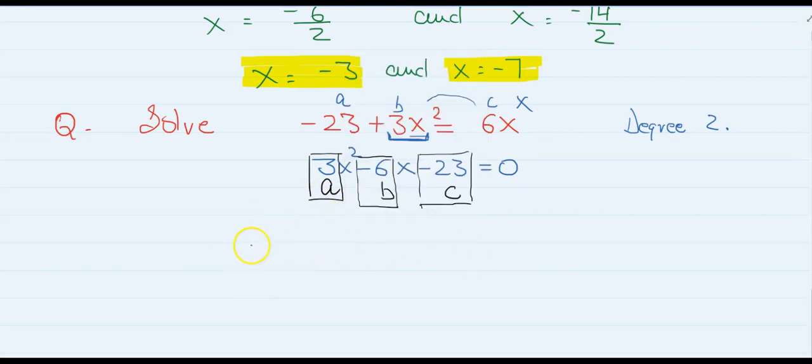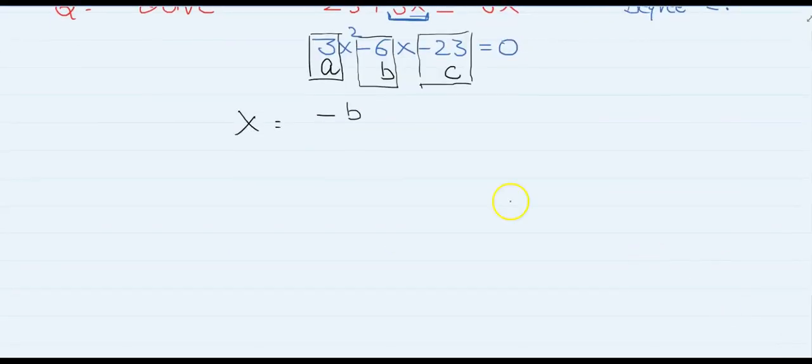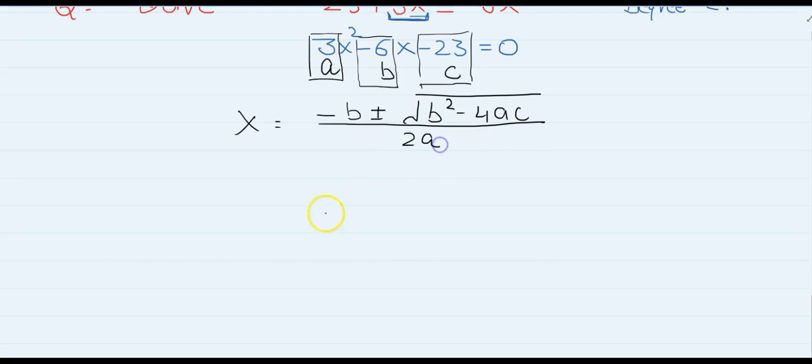So x will be minus B plus minus root b square minus 4ac over 2a. So let me write this formula in the same way.